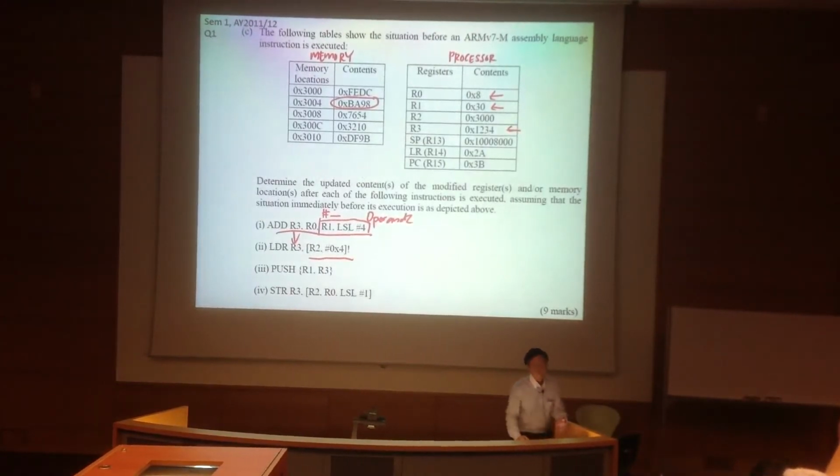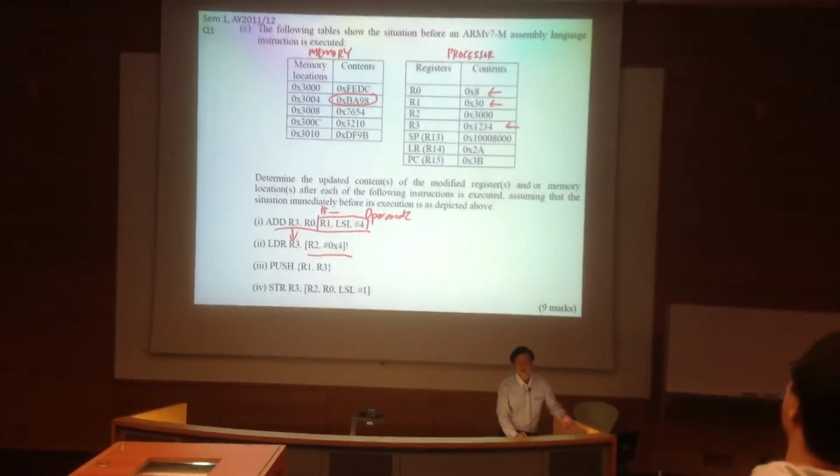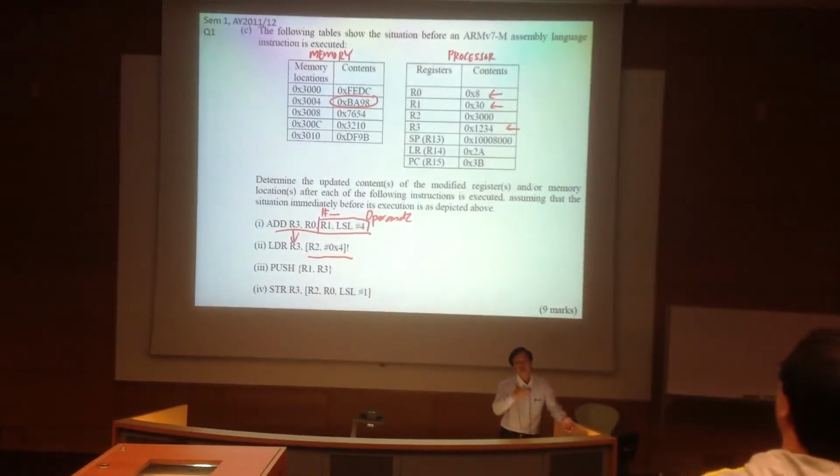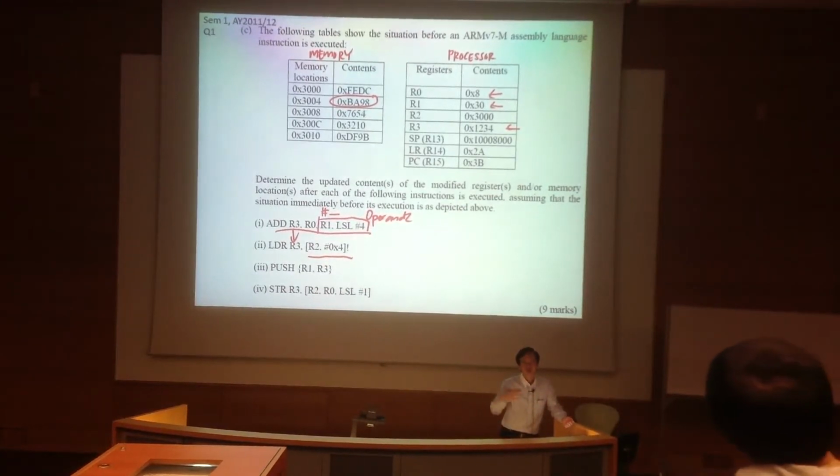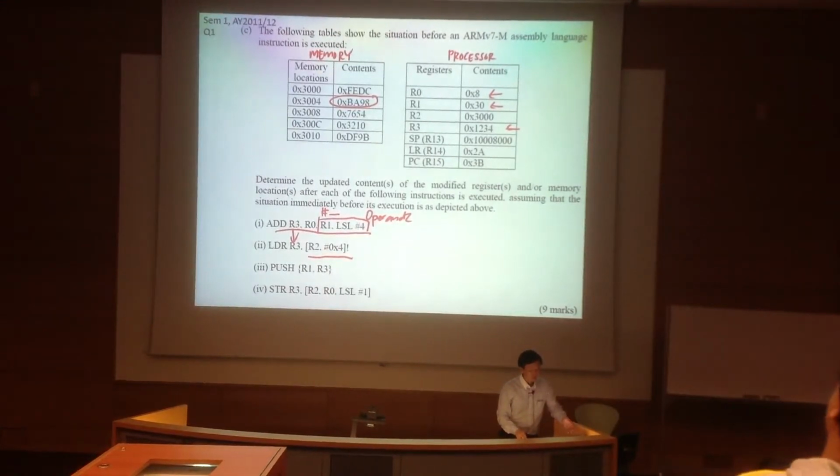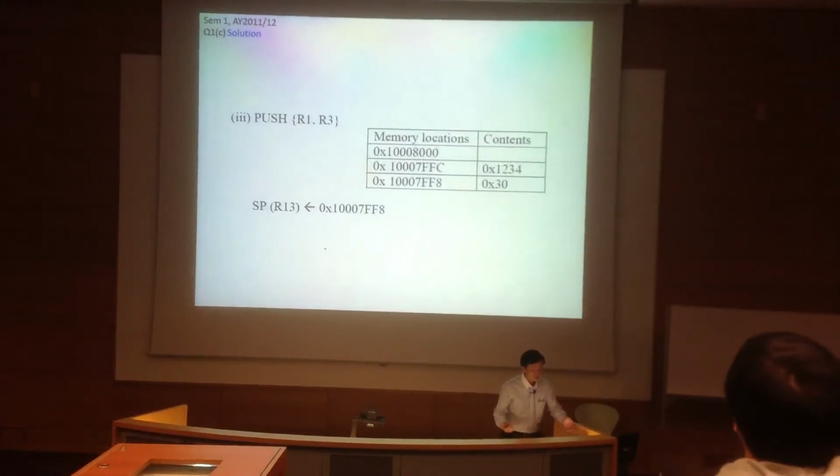The third one, PUSH. Lots of stack, multiple word. In the case of push, which direction is it? Going from processor to stack in memory, which is actually a store. So I'm going to push the values of R1 and R3 into here.